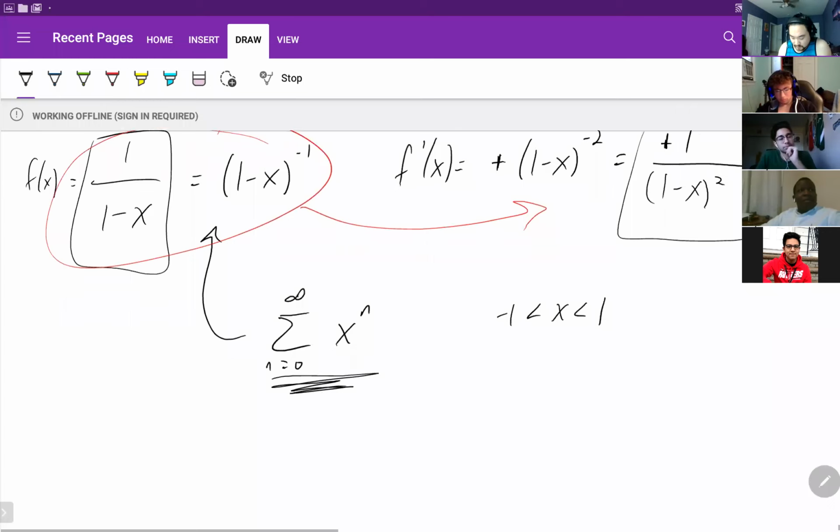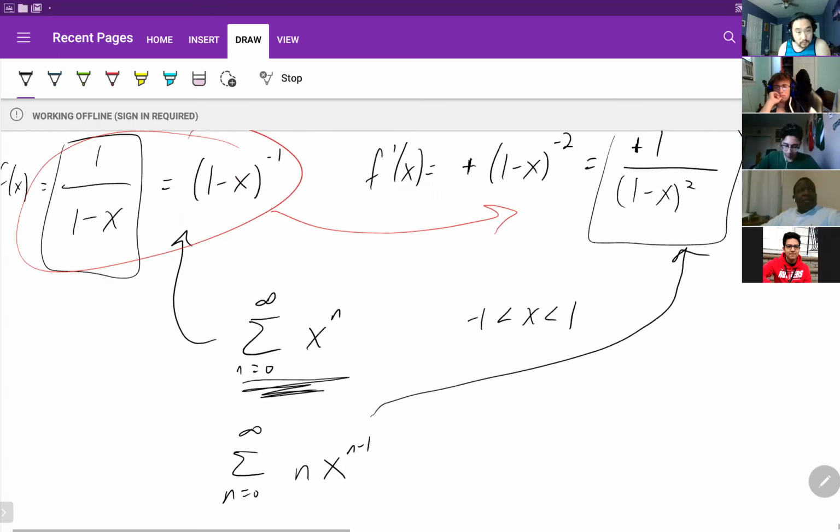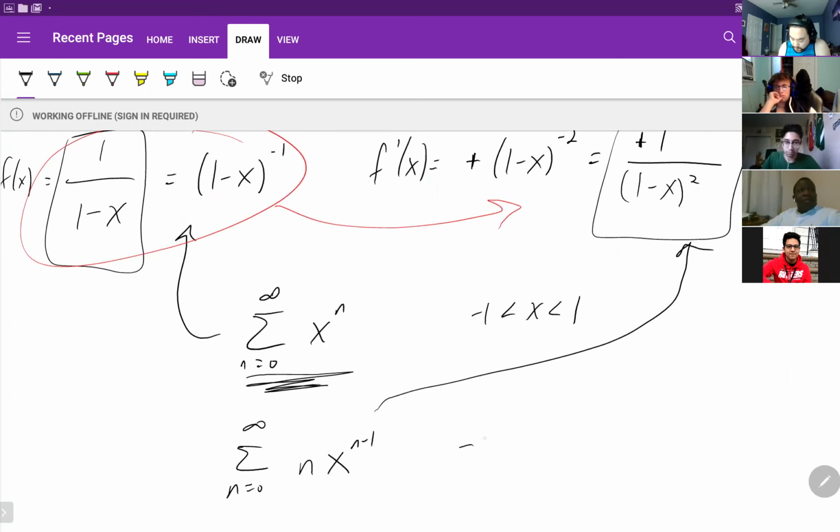If I treat n like a constant, because that's what n is, an index, well, this is going to be n times x to the n minus 1. I just used the power rule, didn't I? This series will represent 1 over 1 minus x squared on the same interval. That's what the theorem is saying, right?